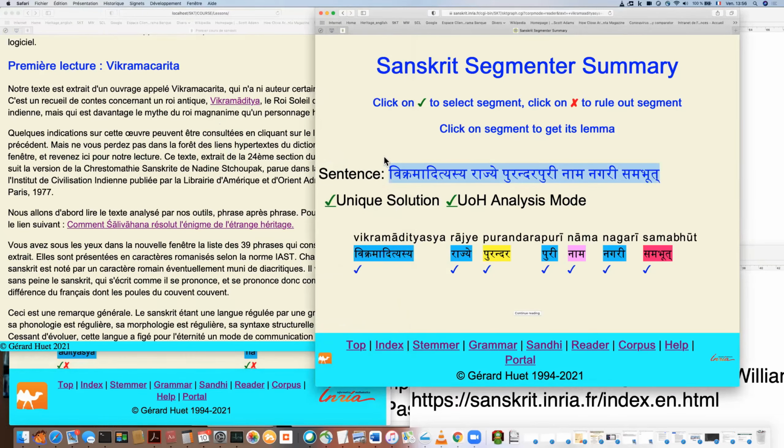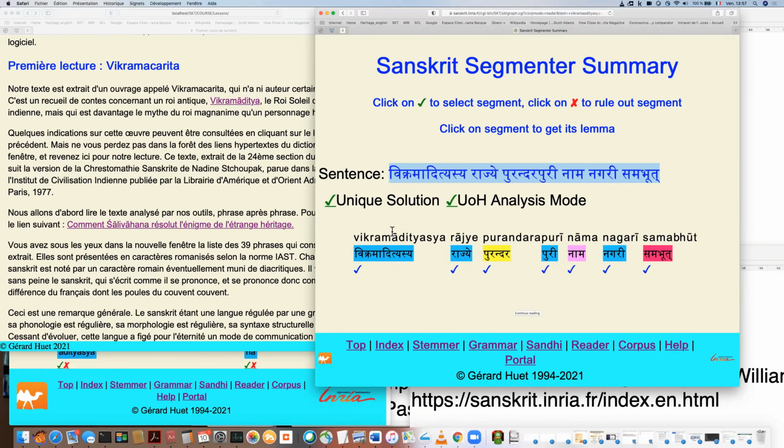So the story, it's like, you know, the Panchatantra. You have a frame story and then small stories inside of the frame story. The frame story is telling how good, how generous a king Vikramaditya was.